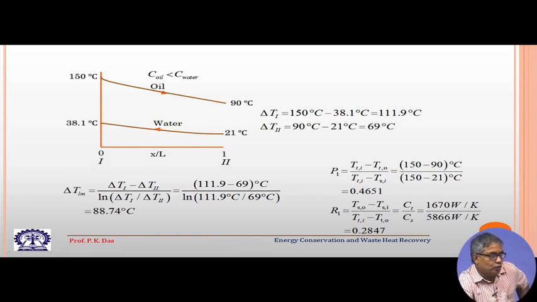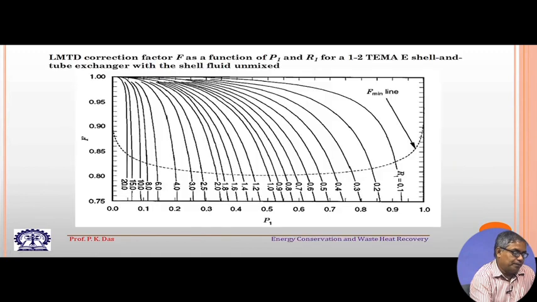Once we know the 4 temperatures of the heat exchanger and the heat capacity rates of the 2 fluid streams, this can be calculated readily, and I have shown how to calculate it for this particular problem.